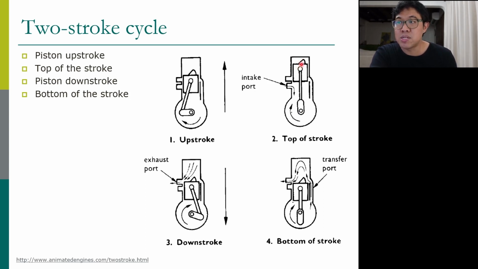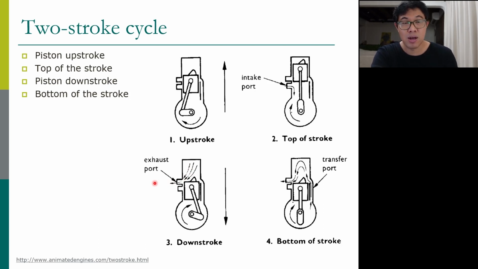Then when the piston moves to the top, we ignite the air-fuel mixture and it burns, pushing down the piston. Now it pushes down the piston and we get power. As soon as the piston moves past the exhaust port, the pressure inside the combustion chamber pushes the exhaust gas out.